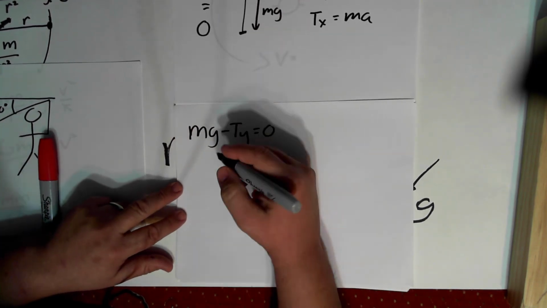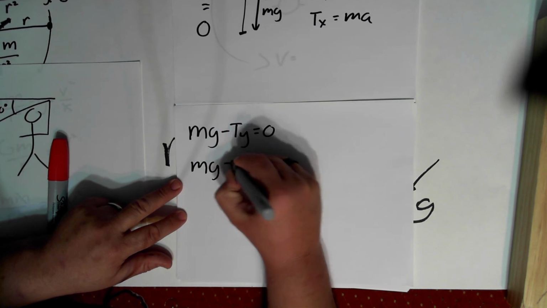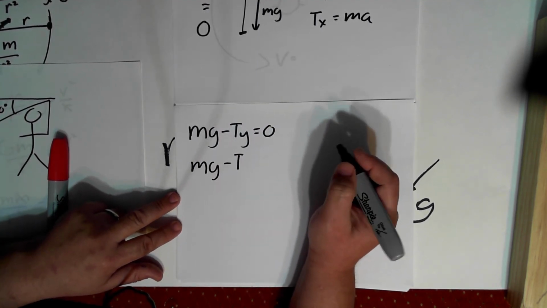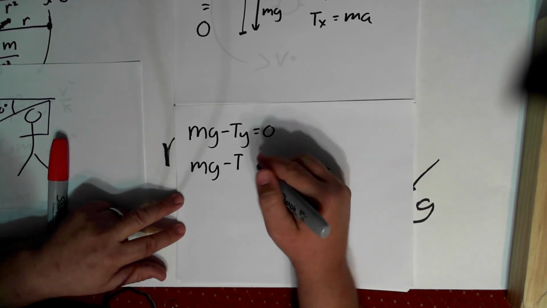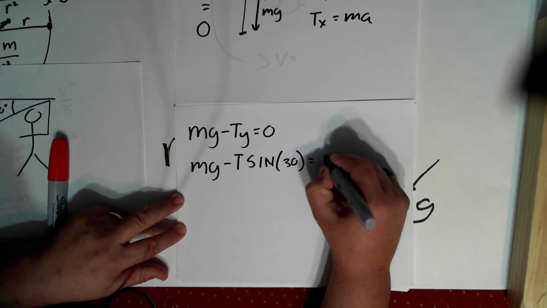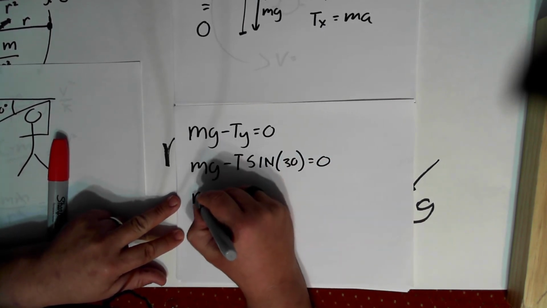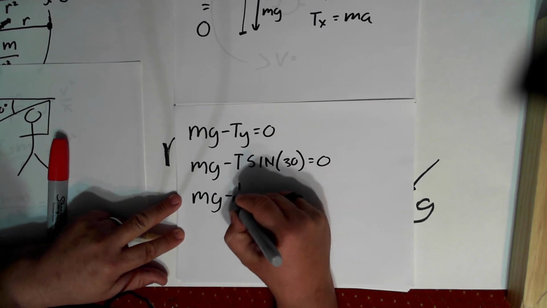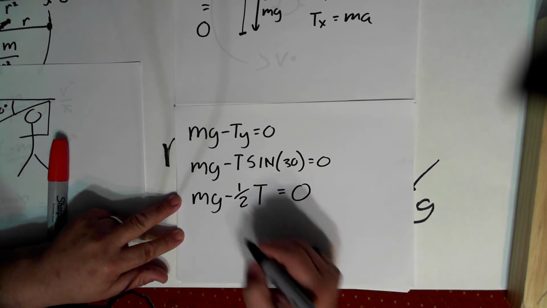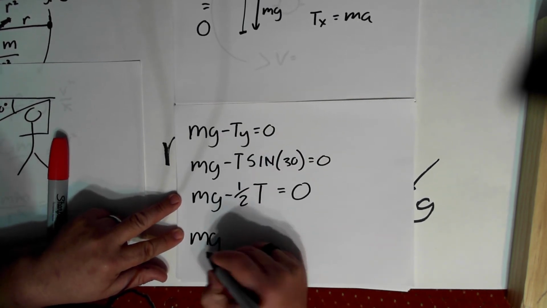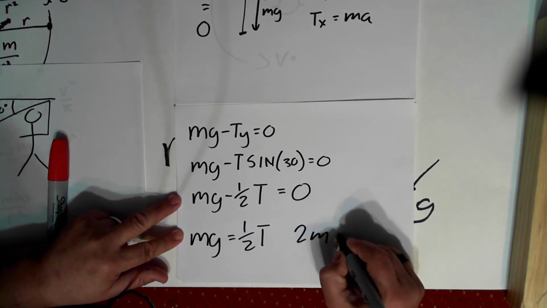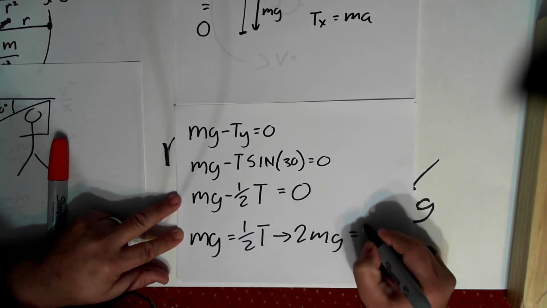Sine or cosine? Sine. So I'm left with mg minus t sine 30, which is mg minus 1/2 t, equal to 0. Or mg is equal to 1/2 t, or 2mg is equal to t.